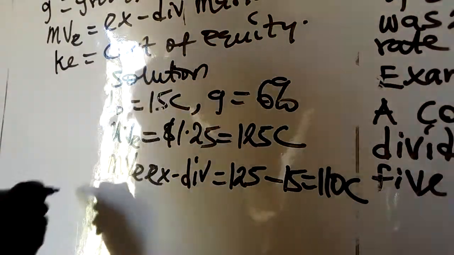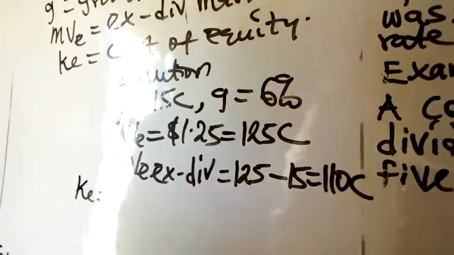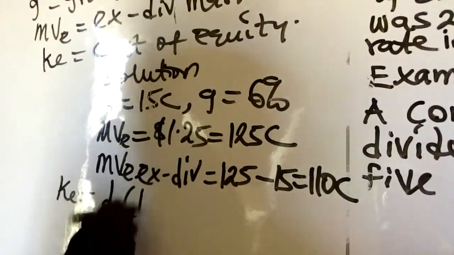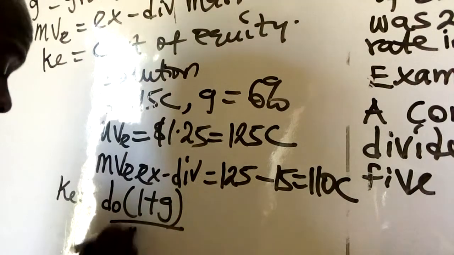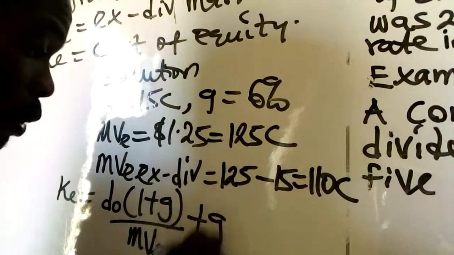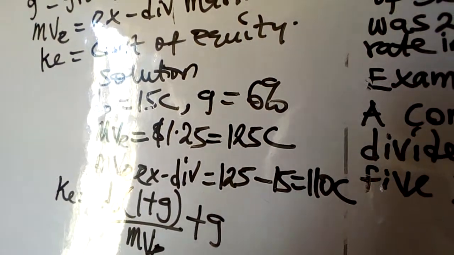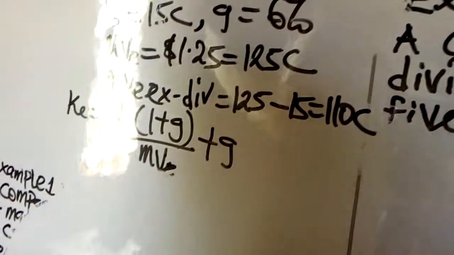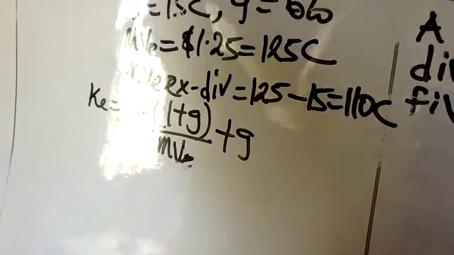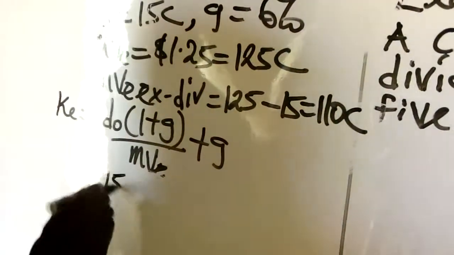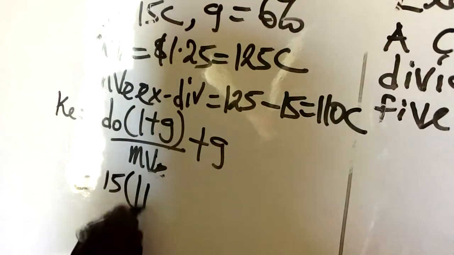So the cost of equity, I told you that cost of equity is D0 into 1 plus g over the market value of equity, plus the growth rate. That is the formula. Now, substituting into the formula, our D0 is 15 cents, into 1 plus g.